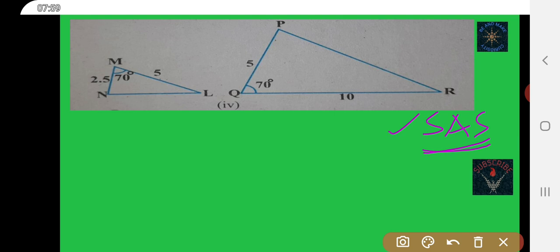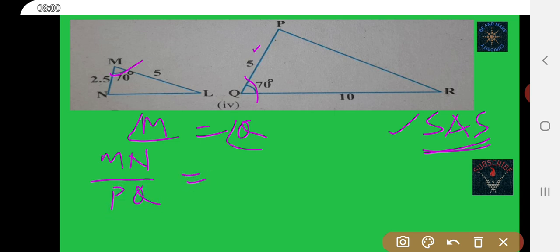Here you see included angle 70, here also 70, so angle M is equal to angle Q. Now you find the ratio of corresponding sides. MN corresponds to this side PQ, so here you get 2.5 by 5, that is equal to 1 by 2, so ratio is 1:2.